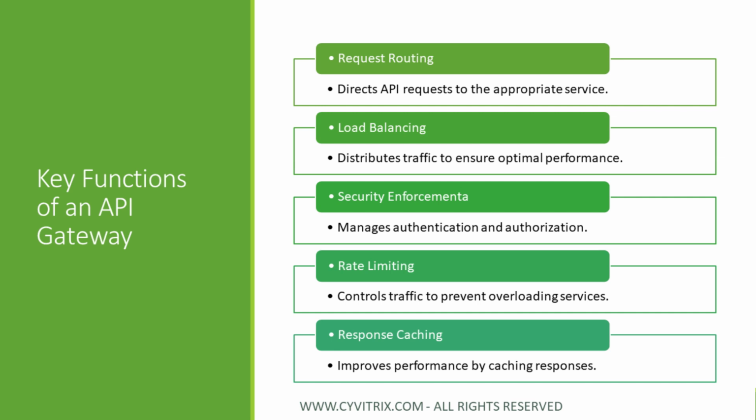They can also implement rate limiting to prevent clients from overwhelming the backend with too many requests. Additional features like response caching improve performance by reducing the need to repeatedly query the backend. API gateways also offer analytics and monitoring, providing valuable insights into API usage and performance.